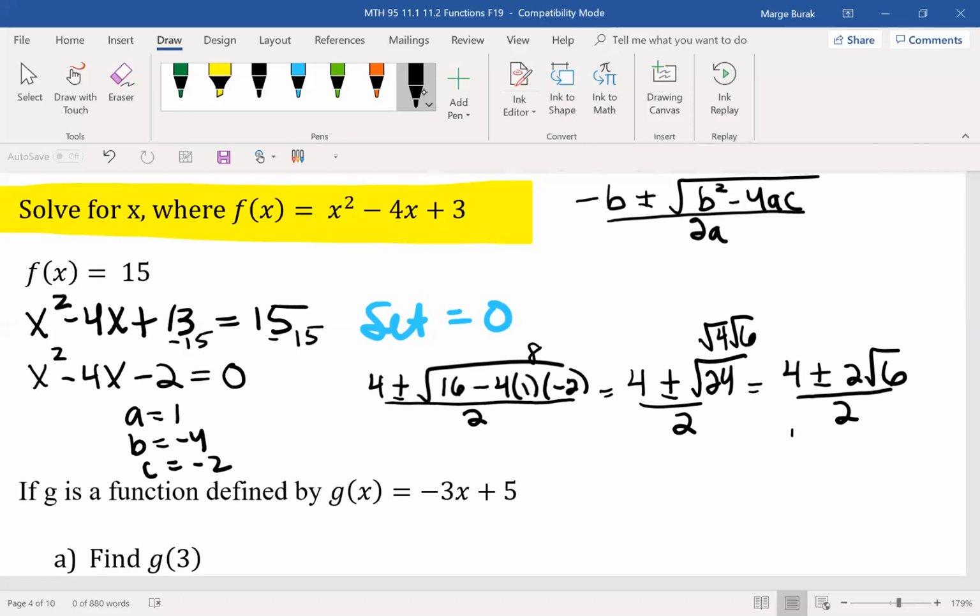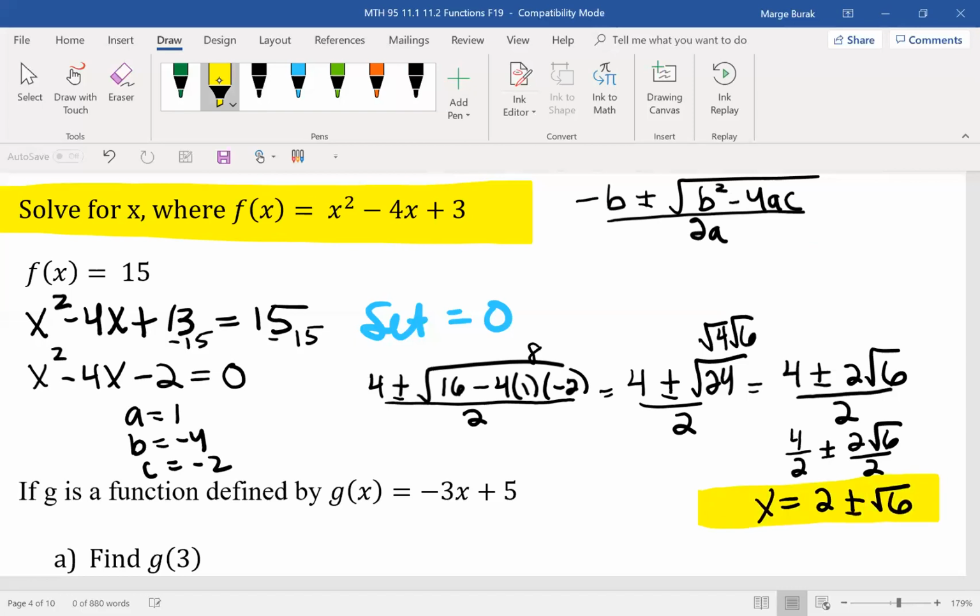And if I split these up, it's easier to simplify. And then it becomes 2 plus or minus the square root of 6. And that's what x is. That's a lot of work, but it's good to see that quadratic formula in play.